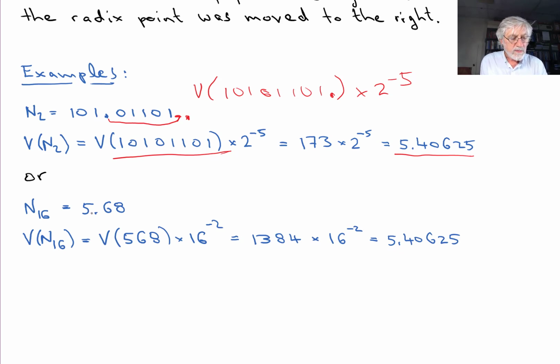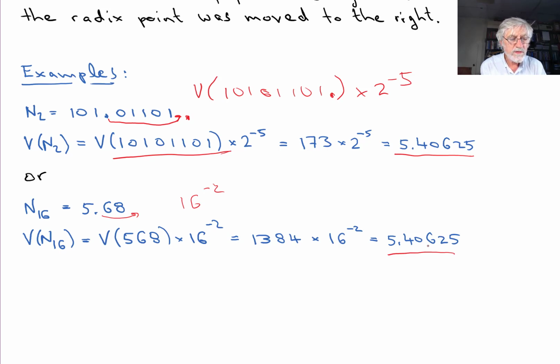So we move the radix point over by 2 positions and then multiply by 16 to the minus 2. And 568 in hexadecimal gives us 1,384 for a decimal value. And then we multiply by 16 to the minus 2, and we get again the 5.40625.